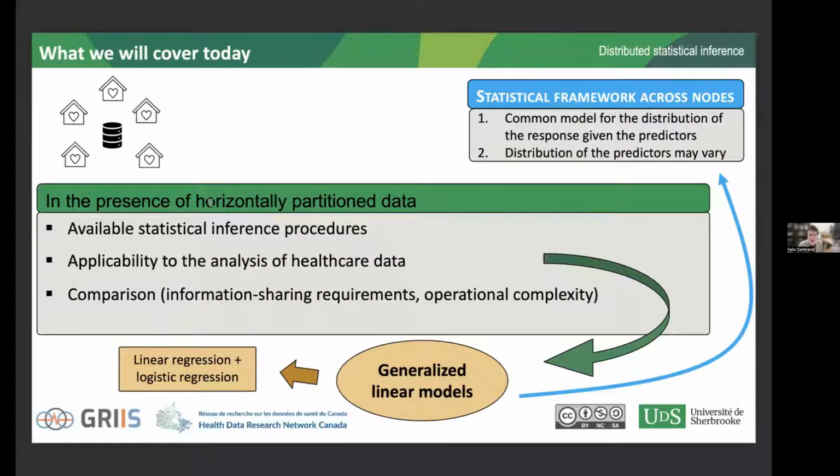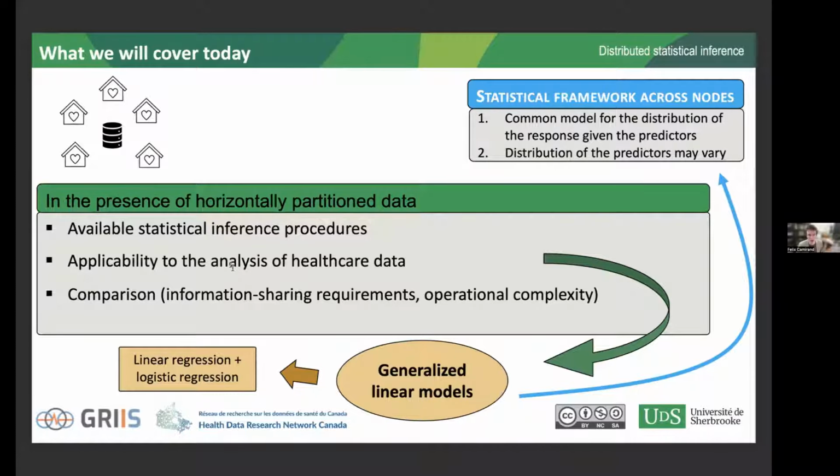And of the methods that are available, we'll be looking at those focused on generalized linear model based analyses, which are the ones applicable to the analysis of healthcare data.